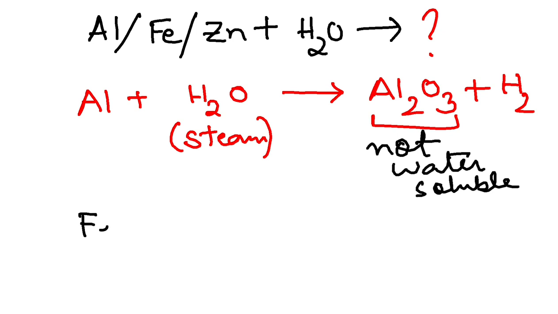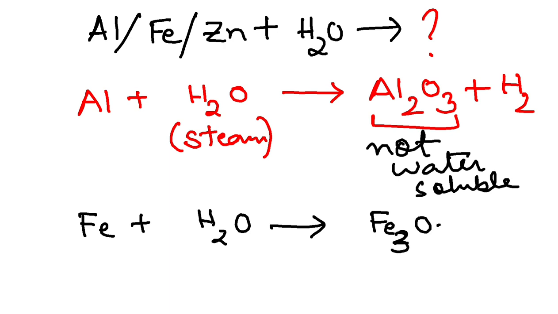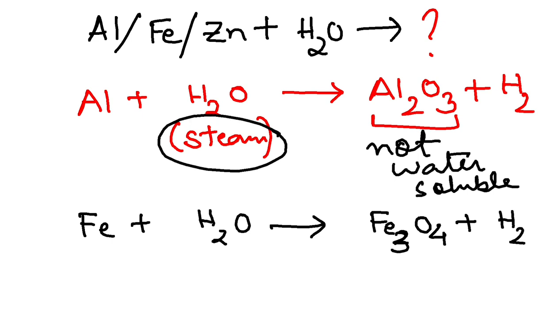If you allow iron to react with water, the very important reaction, this often comes in exams, that will give you iron oxide, that is Fe3O4, plus hydrogen gas. Alright, so this condition is very important. You need steam for the reaction to take place, and obviously it is not exothermic, there is no release of heat or energy.